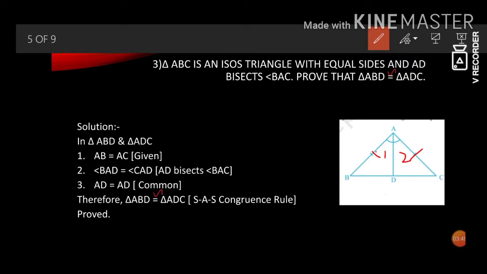So we have written in triangle ABD and triangle ADC, AB and AC are equal. Angle BAD is equal to angle CAD as AD bisects angle BAC, and AD is a common side. So the triangles are congruent by side angle side congruency rule. Both the sides include the angles 1 and 2.